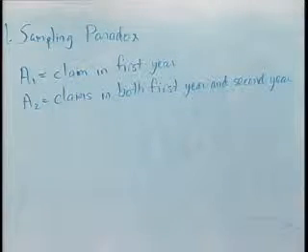And now I'm going to make the rather unrealistic assumption that someone's driving success in year 2 is independent of their success in year 1, that whether someone has an accident in the second year is independent of whether they have an accident in the first year. But it depends on gender.